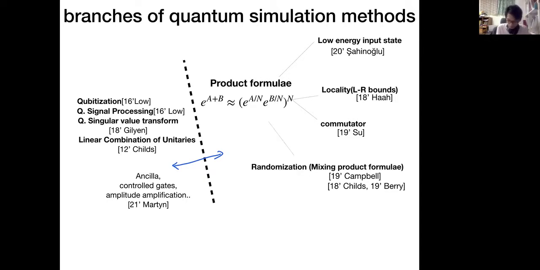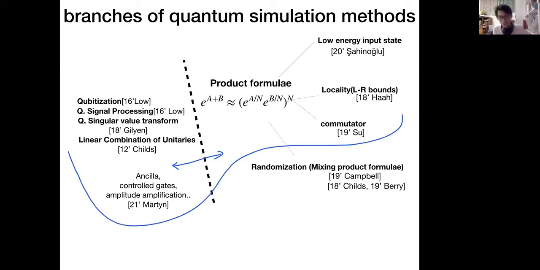All right. And today, the direction we're going to explore is about randomization. These authors realized you can use a quantum channel to simulate a unitary. In contrast, all these other methods are using a unitary. And by using randomization, there seem to be some interesting things that are only possible via randomization, and we're going to understand that a bit more today.